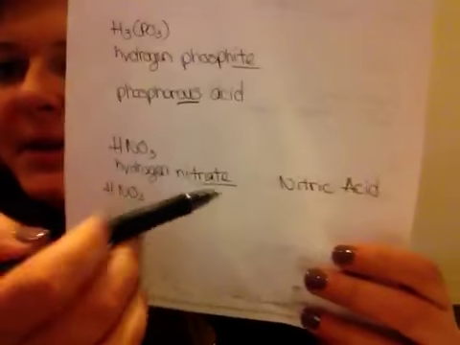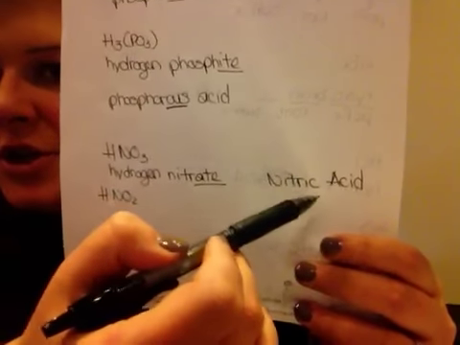If this is nitrate, I want to change that to the acid name. Nitrate ends in -ate, so I want to change that to -ic. Instead of nitrate, I'm going to call this nitric acid.